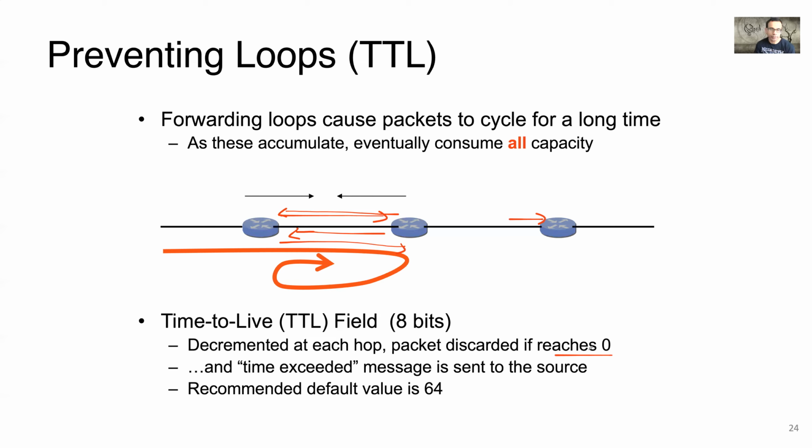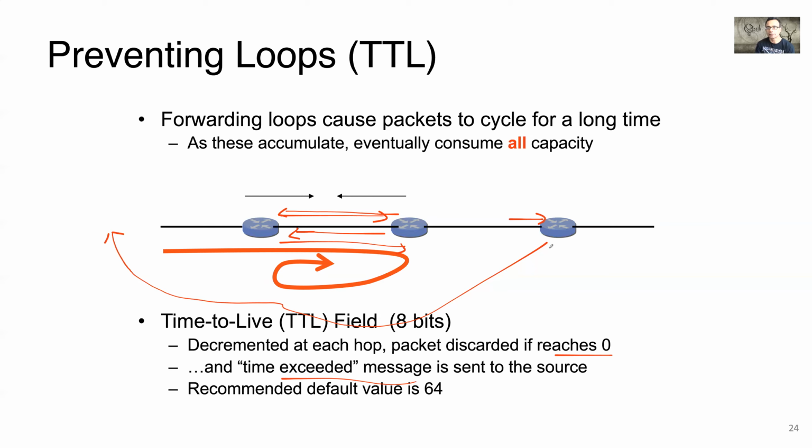The router will drop this packet because it's too old, and it will send back a control message, an ICMP message to the source IP address, indicating that the time exceeded.